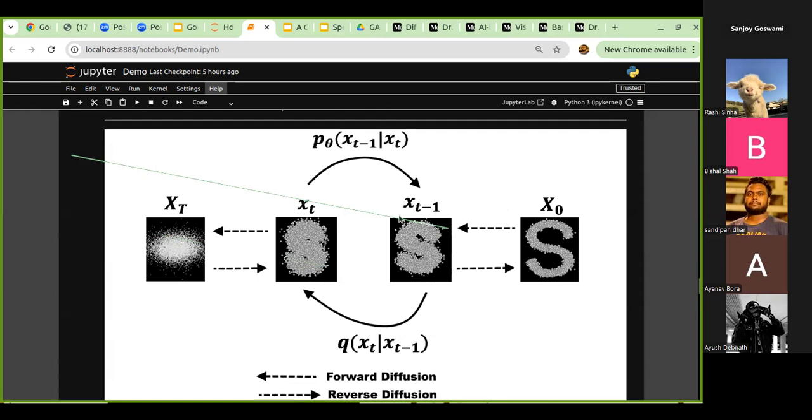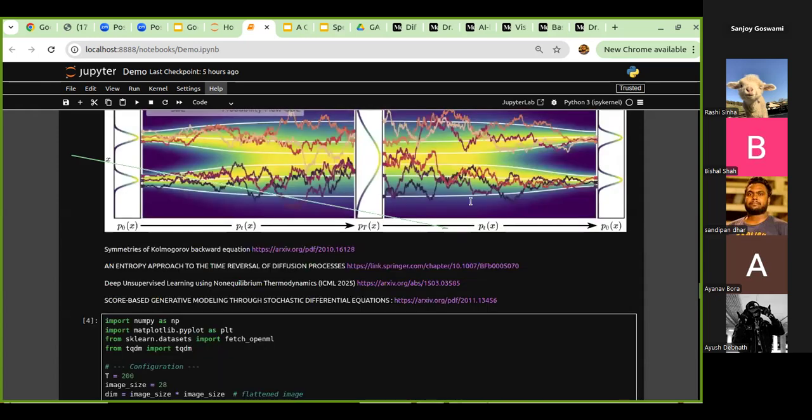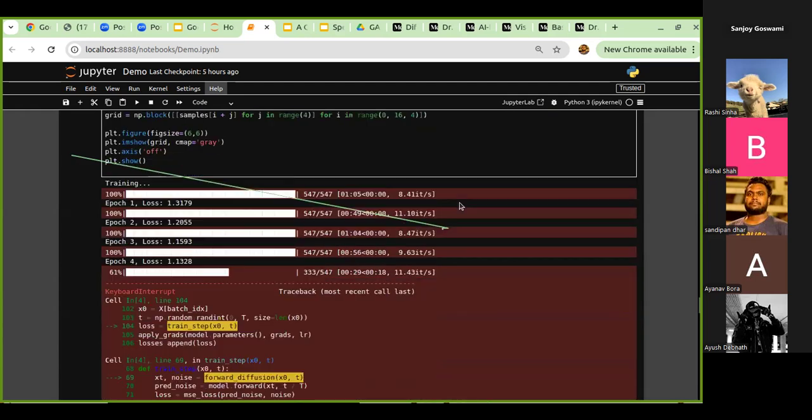And in the reverse diffusion, we do exactly the opposite, which means we try to denoise it. After denoising, we want the denoised data to look like some other distribution. Here I have just reconstructed the same input, but usually the objective of diffusion is to get some other distribution. I'm not going into very much detail about it.